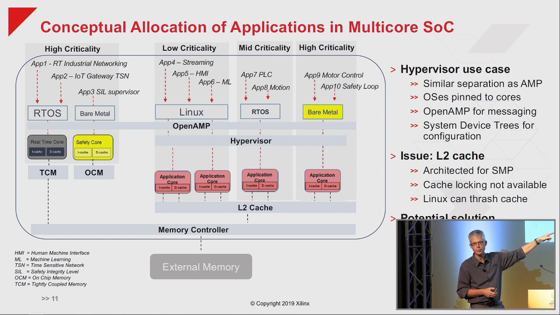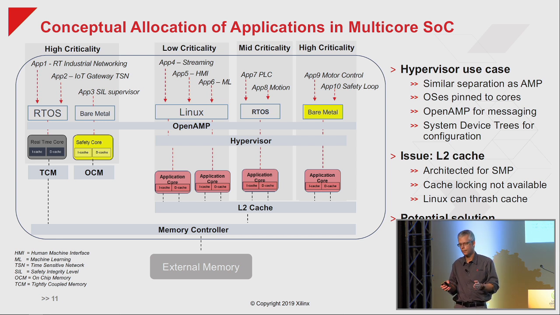And maybe Linux is doing some mem copy, so big blocks. Well, that will then impact your real-time partition because of the level 2 cache. Unless you can run from internal memory, and very often you can do that. We have several types of on-chip memories and things like that. Or if you run within the level 1 cache, then you're fine. But if you have a little bit of a bigger application, then you have a problem.